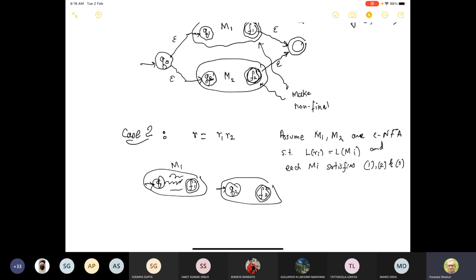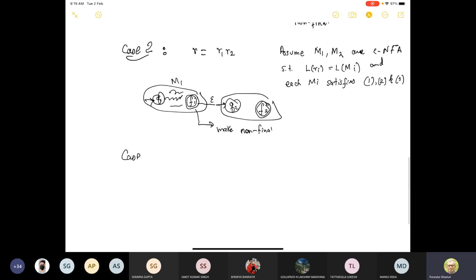And all you need to do is just add this epsilon transition from here to there and make this non-final. And again, you can show that all the three conditions are satisfied and this bigger epsilon NFA accepts the language LR1 dot LR2. Okay, and finally we come to Kleene star.